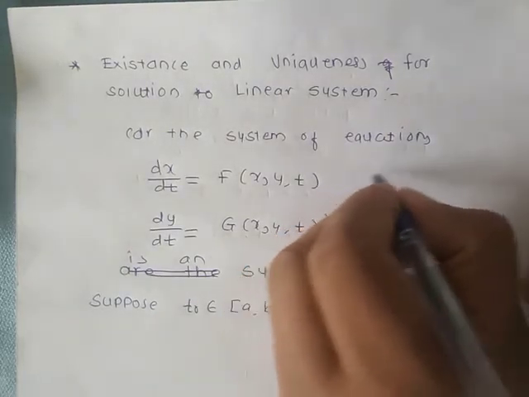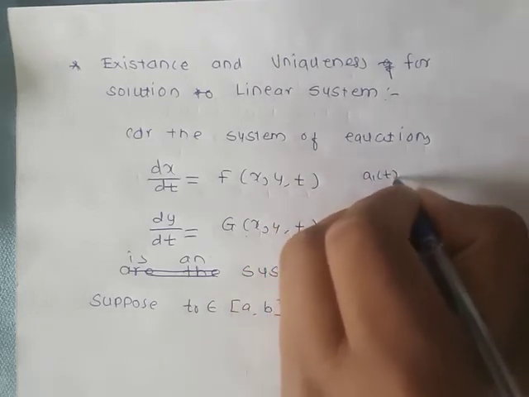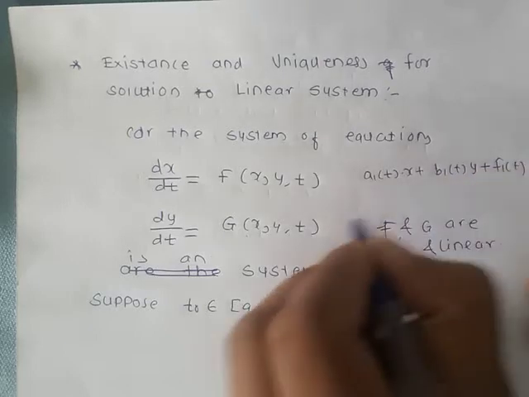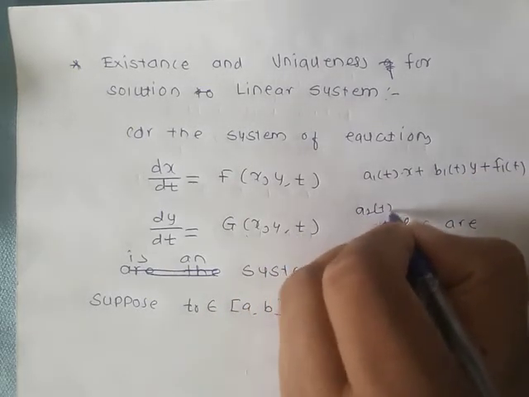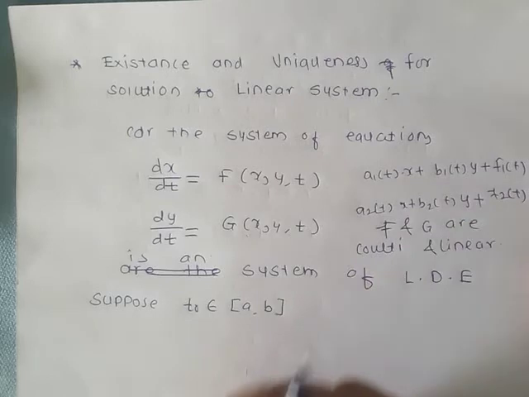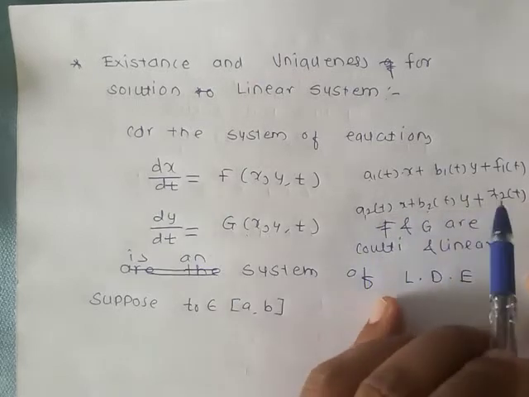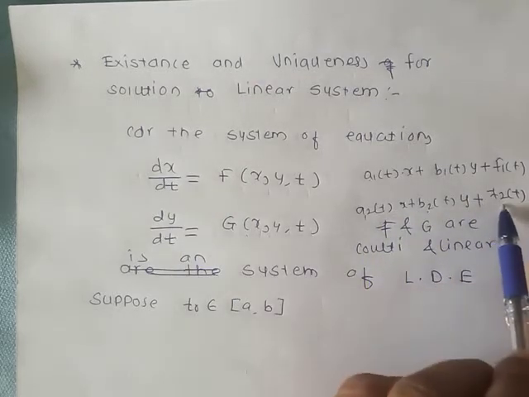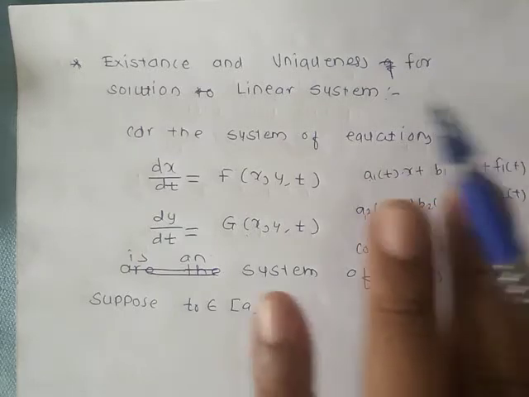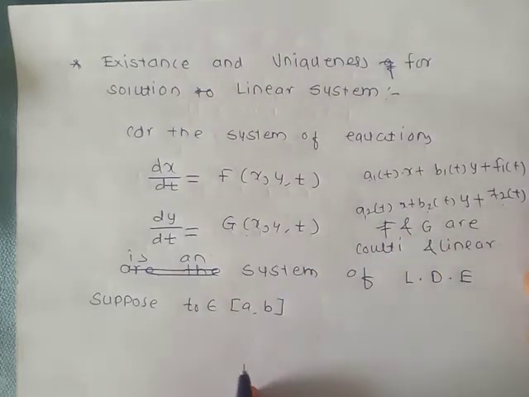More precisely, we can write f of x comma t in the form of a1 of t x plus b1 t y plus f1 t, or here we can write this as a2 t x plus b2 t y plus f2, where this a1 b1 f1 a2 b2 f2 are continuous functions for all t belongs to the closed interval ab, where all these functions are continuous and defined for all the points belonging to the closed interval ab. That is the continuous function defined on a bounded closed interval ab.